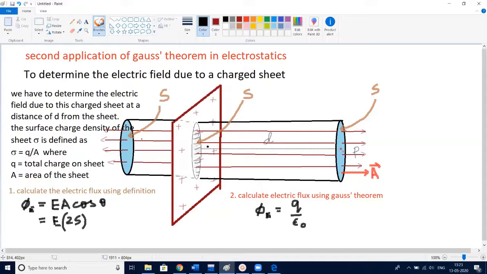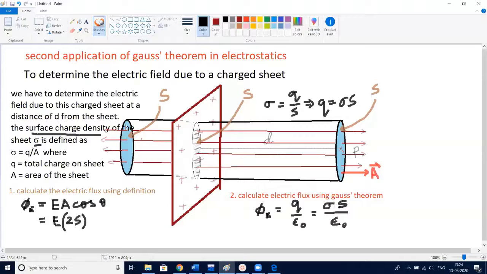Since the surface charge density is sigma, we have sigma equal to Q by the area of this part, that is S, and hence the total enclosed charge will be Q equal to sigma into S. So here we can write phi E equal to sigma into S divided by epsilon naught.